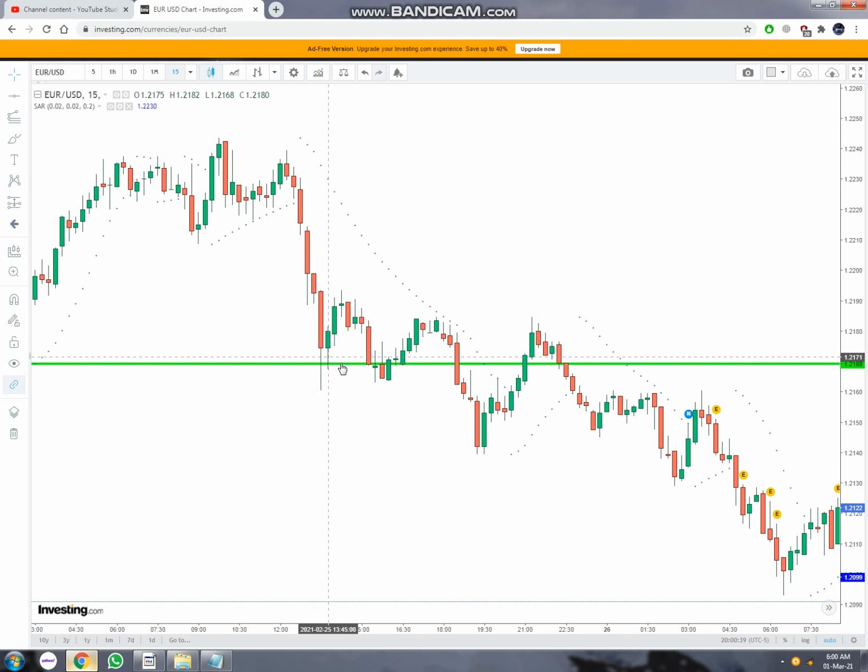What it means is that the buyers didn't want the stock to go down. Usually it is EUR/USD, so I'm saying stock. The buyers pushed the market up again, but weren't strong enough to push it further. So the sellers were strong at this level, and they pushed the market downward.